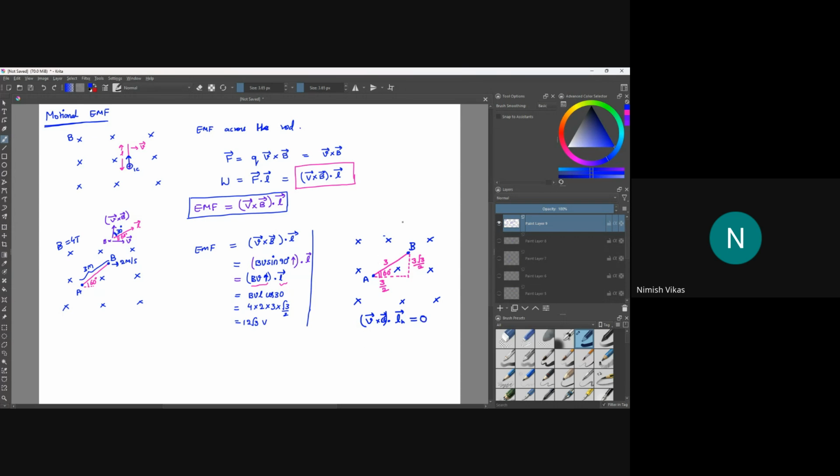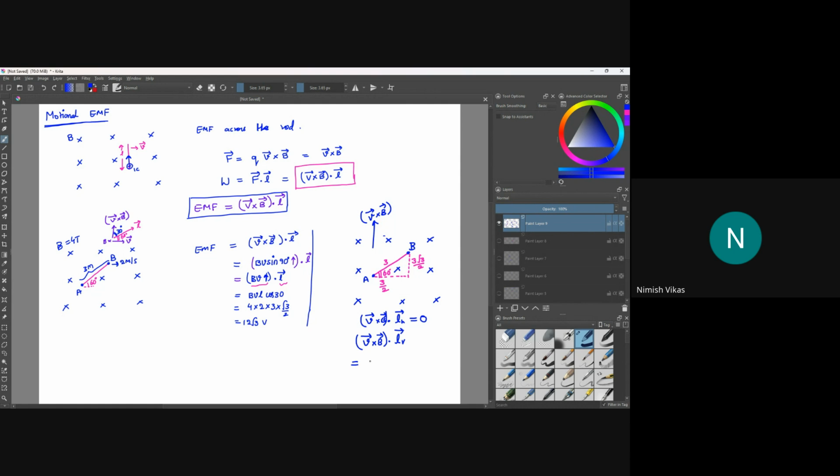Why? Because V bar cross B bar, already we have seen that it is upwards, in the vertical direction. So if you do the dot product with horizontal L_H bar, you're going to get a 0. Simple. If you look at the vertical component of the rod, for that you're going to get L vertical.